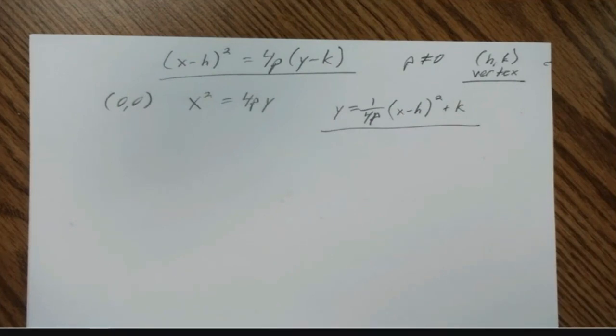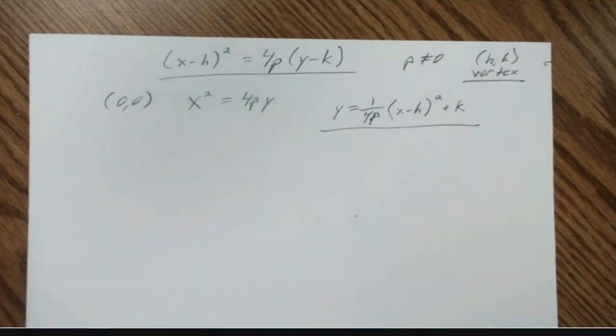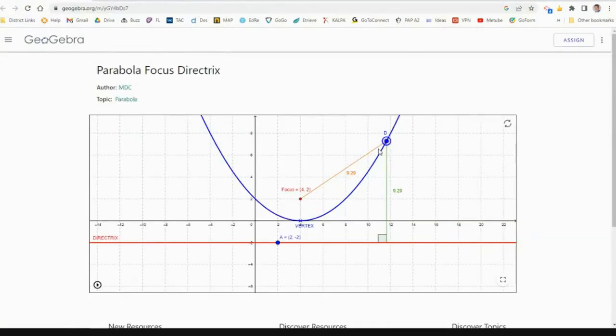So let's talk about that p number. If we go back and look at this illustration, p is actually that distance between the points, in this case between the focus and the vertex, and the vertex and the directrix.